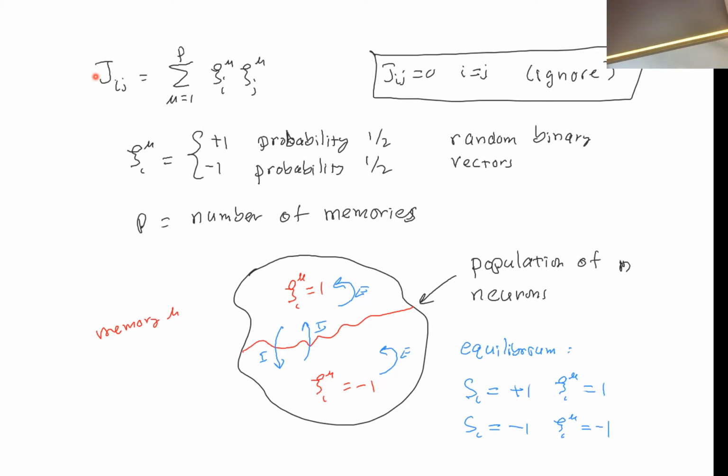So let's take another example where n equals 2. So we have squiggle I mu, with I equals 1 to 2, and let's say 2 memories, so mu equals 1 to 2.